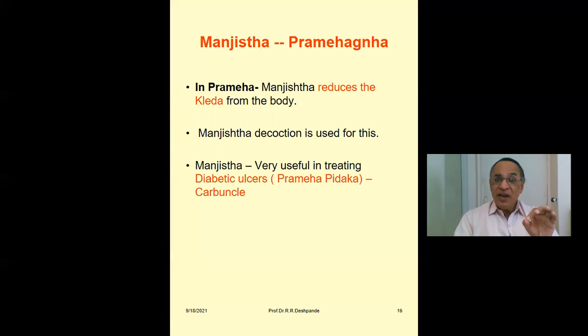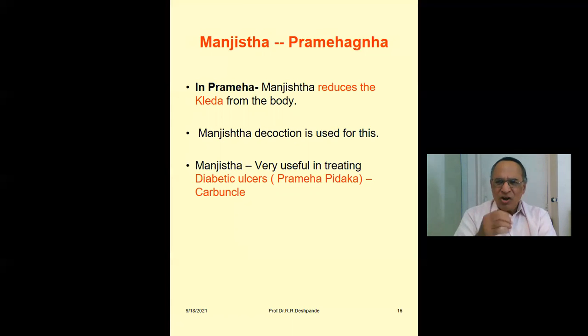Manjistha is Pramehagna. Prameha means different urinary problems, but specifically Madhumeha. Madhu is diabetes mellitus. When blood sugar is raised, with insulin resistance, Manjistha reduces the kleda from the body, because Ayurveda believes that obesity, cholesterol and diabetes are problems because of excess kleda. What is kleda?